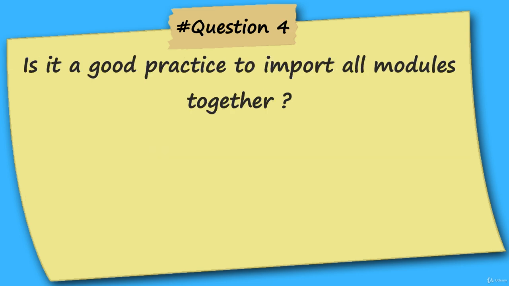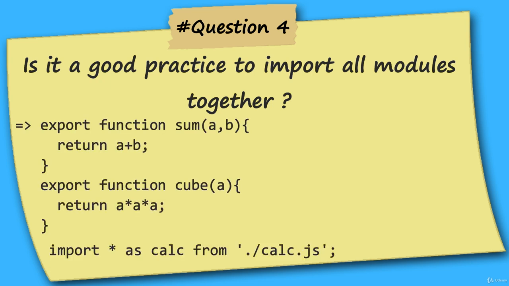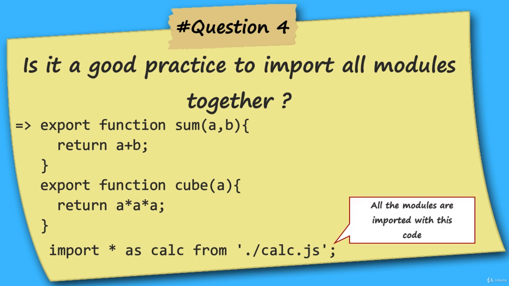The next question is, is it a good practice to import all modules together? I have discussed this particular point before, but here also I would like to rephrase all the things. The point here is, when you say import all, that is import star, let's say you are using the sum function, but you are not using the cube function. With this particular JavaScript code, all the modules are imported.